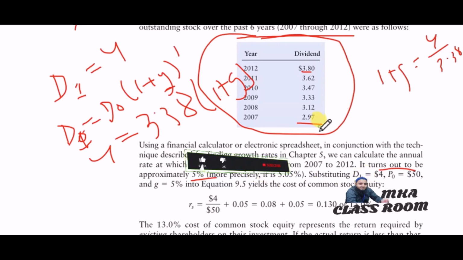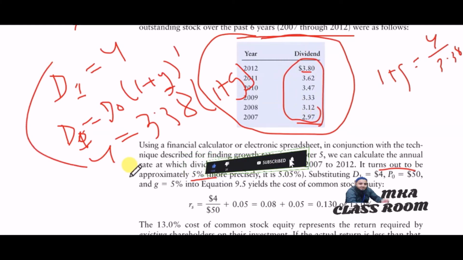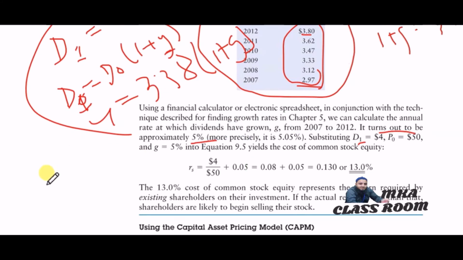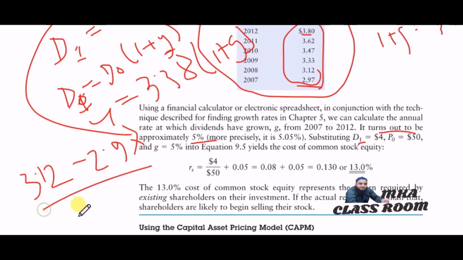If you calculate by this equation, you will see 3.12 minus 2.97 divided by 2.97, into 100, that is 5.05%.